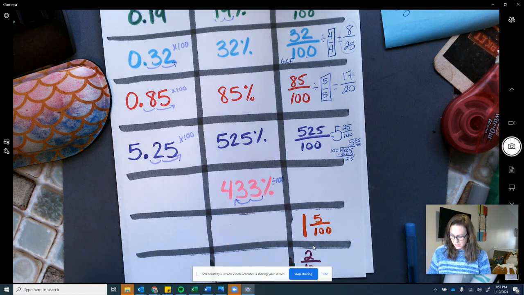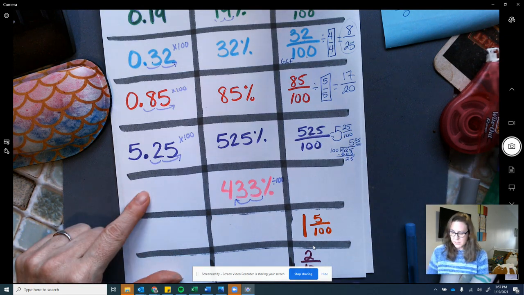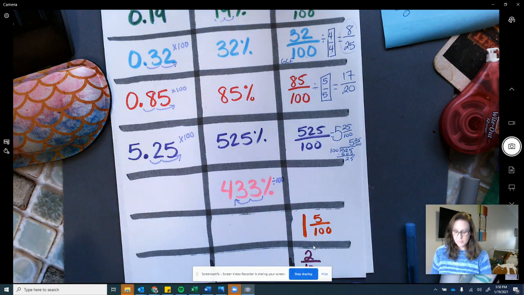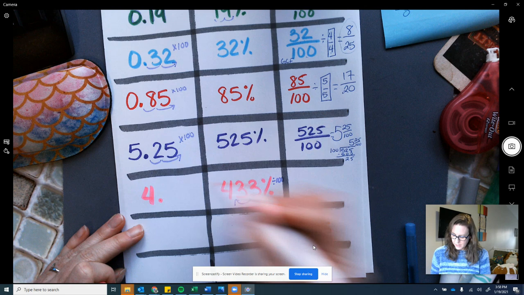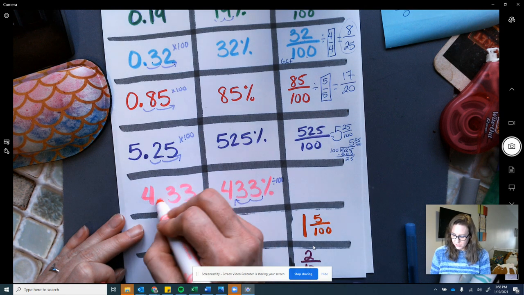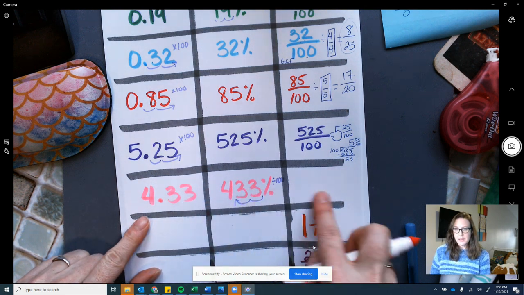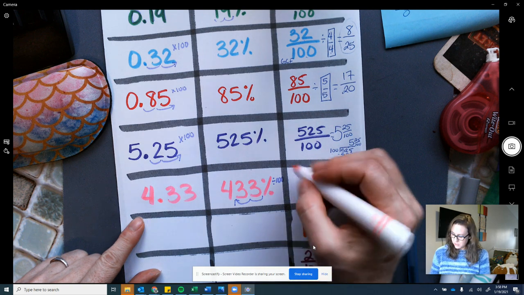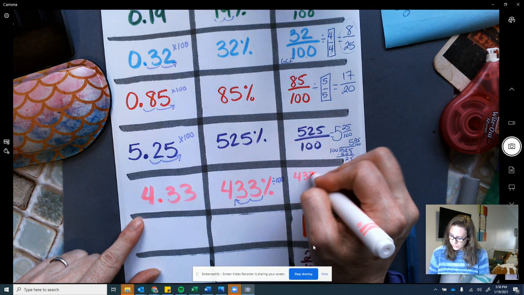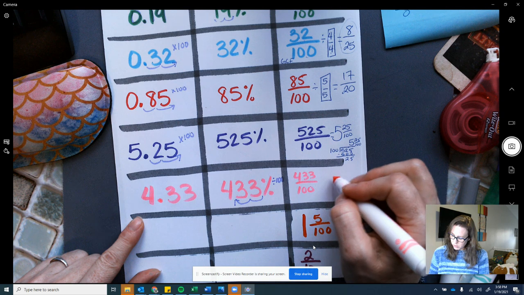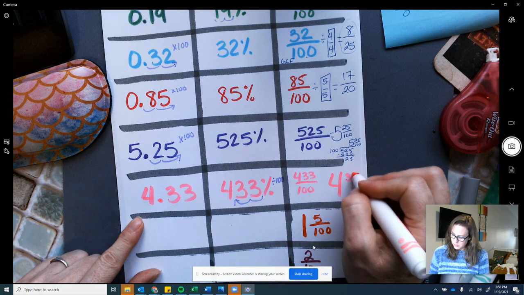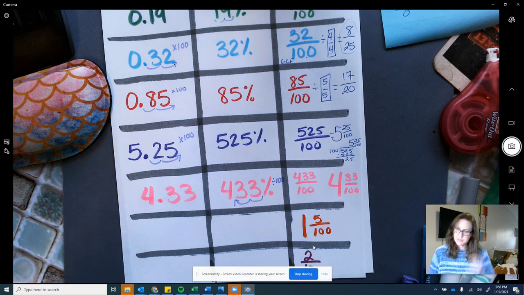So that becomes, what is our decimal? 4 and 33 hundredths. And now as a fraction, 433 over 100, or 4 and 33 hundredths.